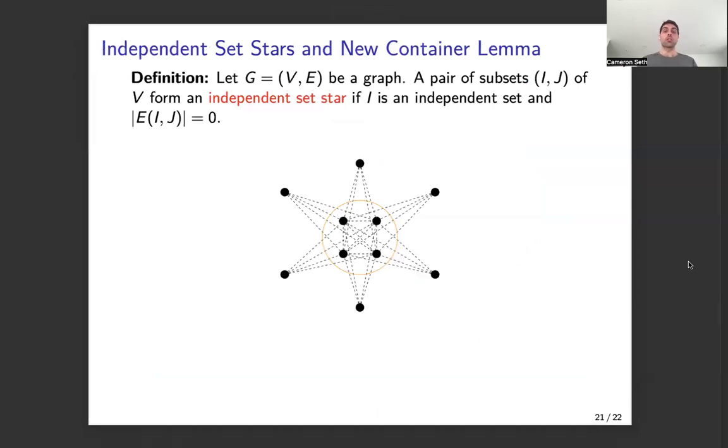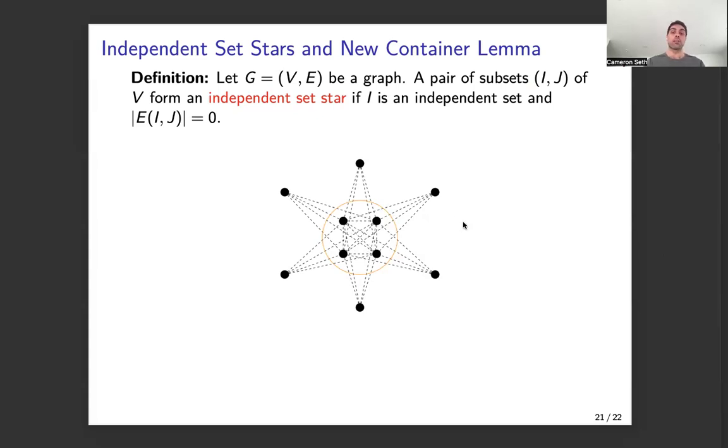And to analyze this, we introduced this object called an independent set star. So we say a pair of subsets I and J form an independent set star if I is an independent set and there's no edges between any vertex in I and a vertex in J. So in particular, these vertices in the middle form an independent set. There's no edges between them.